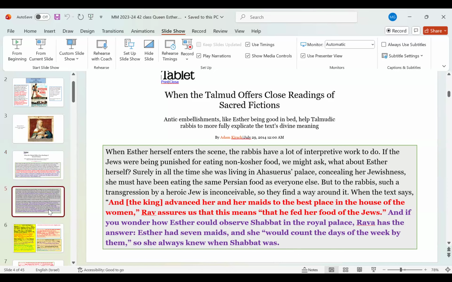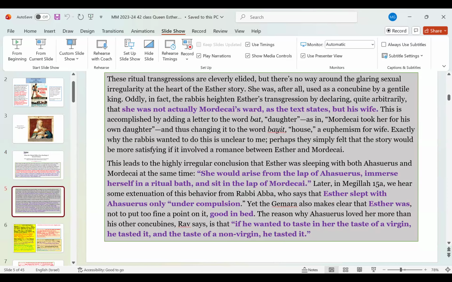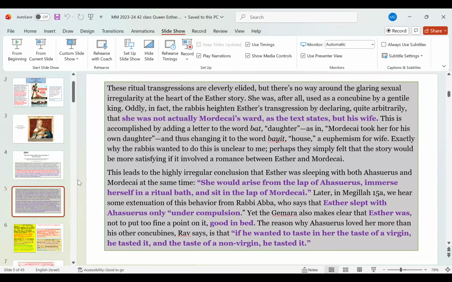What is she going to do with all the maids? That's true too. So it's a great idea. If you don't have a calendar in your house, just bring in 30 people and every day have them move around, and everyone could wear something different. That's a great idea. Okay.